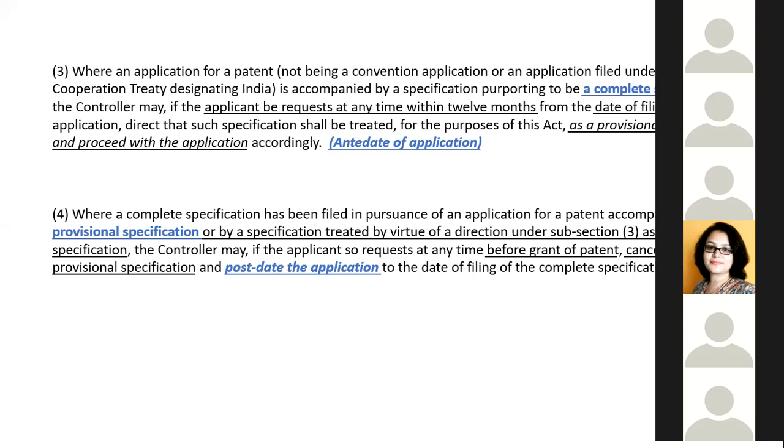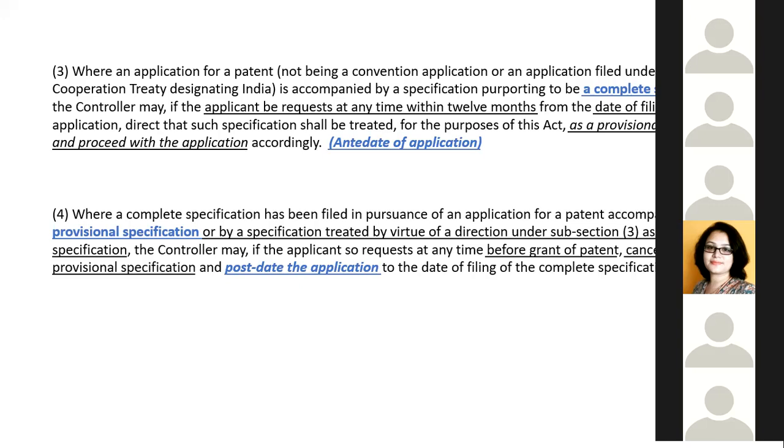So you are saying that if you have filed a provisional application and then you have filed a complete application, and again you want to convert your complete application into a provisional application. Yes, you can do that. If the 12 months from your first provisional application is still there, only then can you do this.